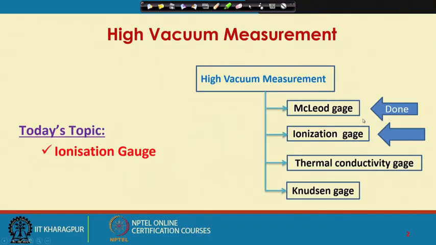Welcome to lecture 27. In this week, we have started our discussion on measurement of high vacuum or very low pressures. In the previous lecture, we talked about measurement of low pressures by McLeod gauge. In this week, we will talk about another low pressure measuring instrument, and that will be ionization gauge.